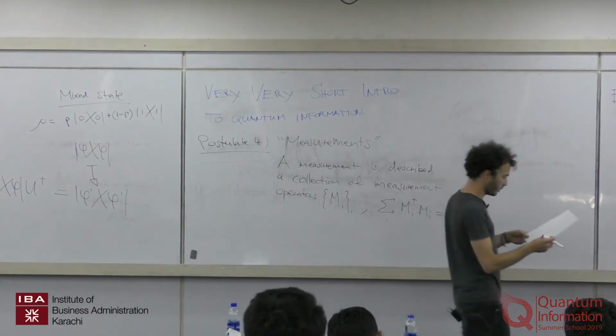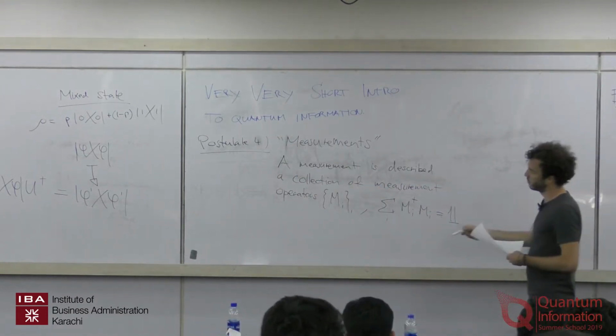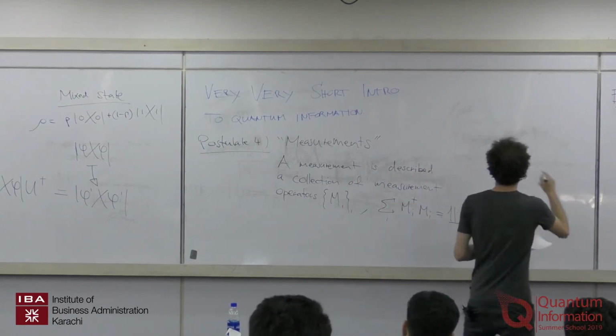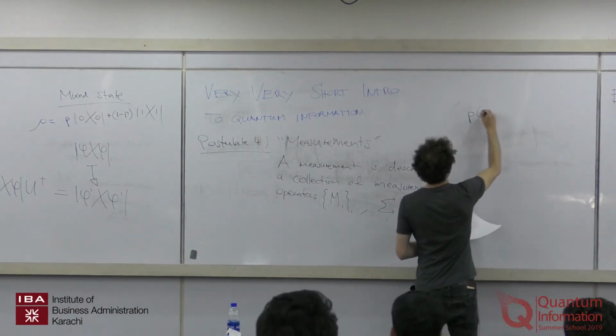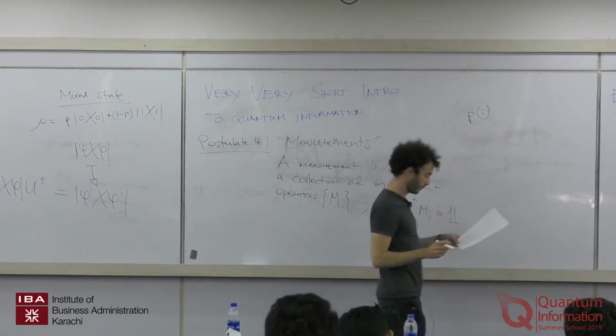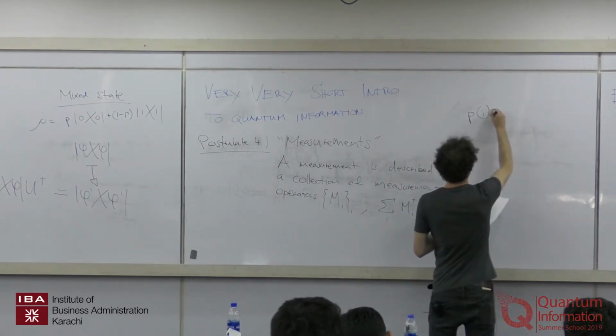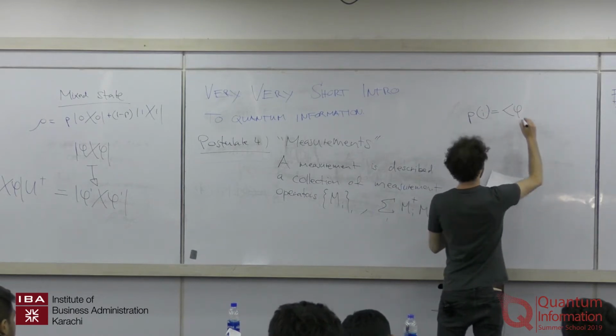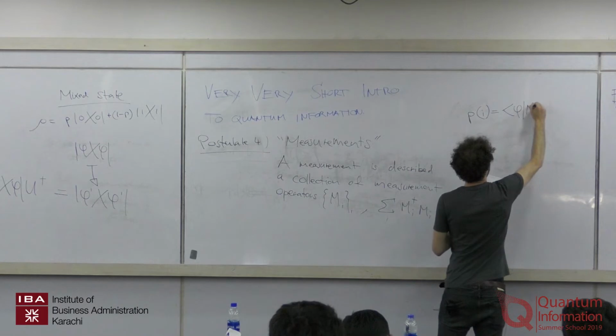And now if you have a quantum state and want to measure it with these measurement operators, the probability of observing outcome i, if you measure some state phi, is given by this.